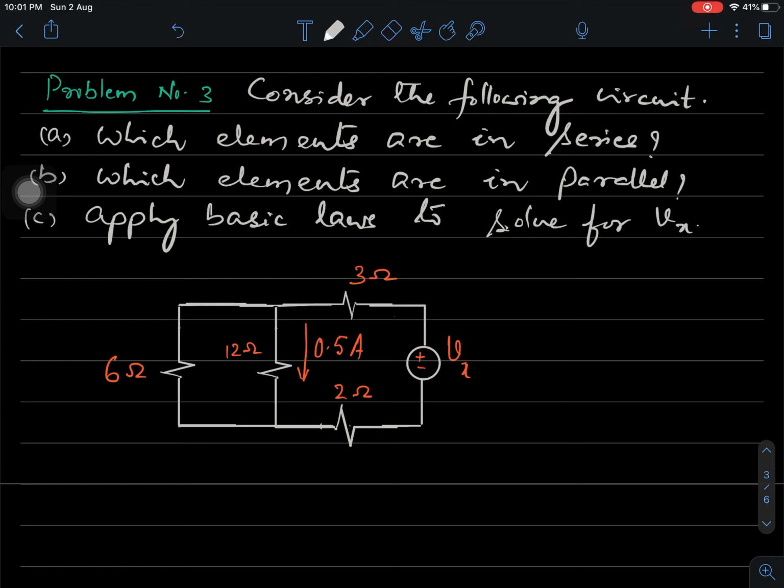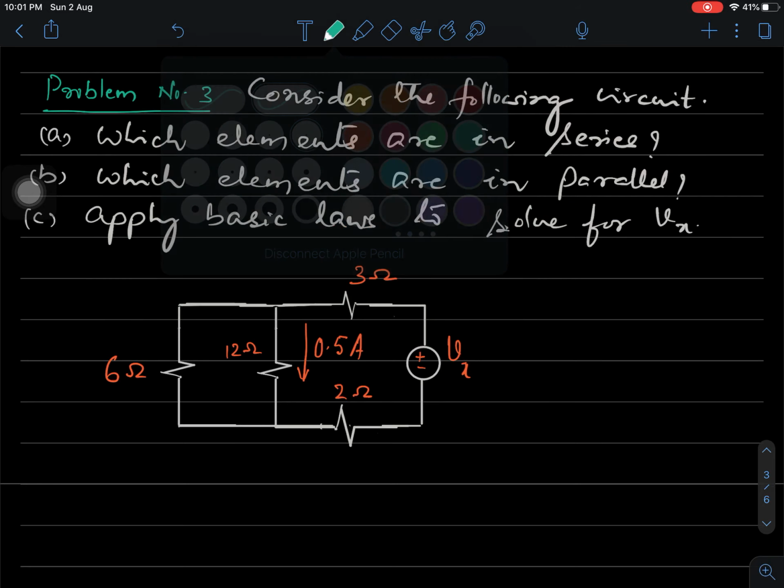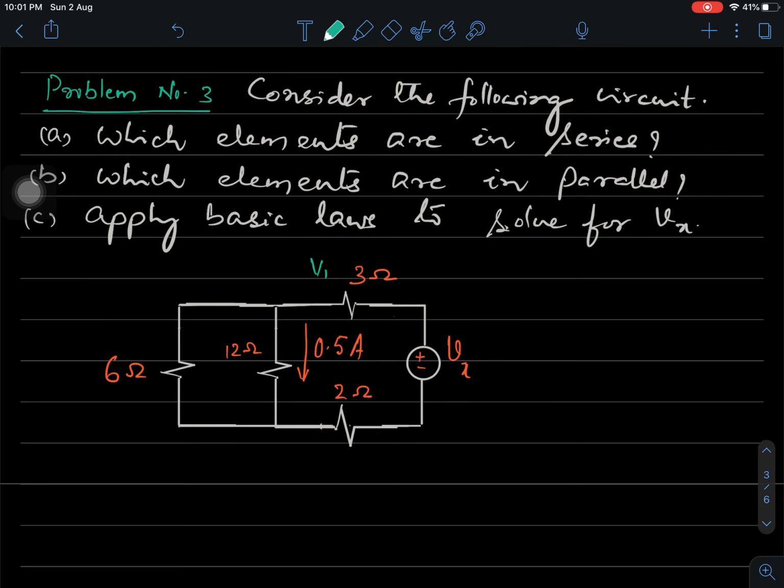the sum of the potential differences across the resistors. For simplicity, I'll use this green color. This is my V1.